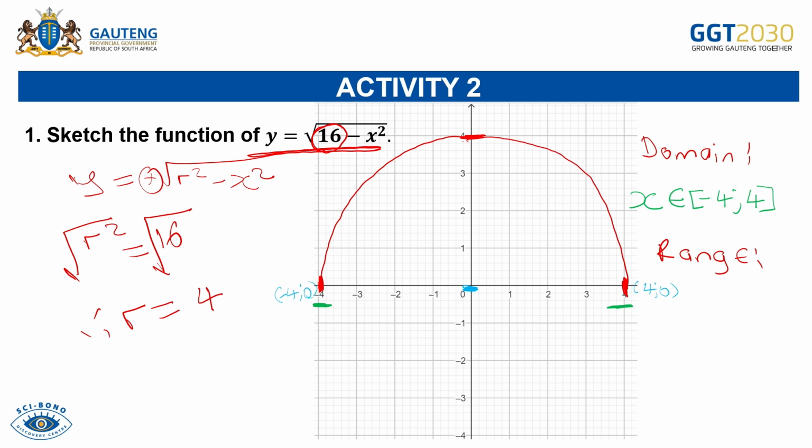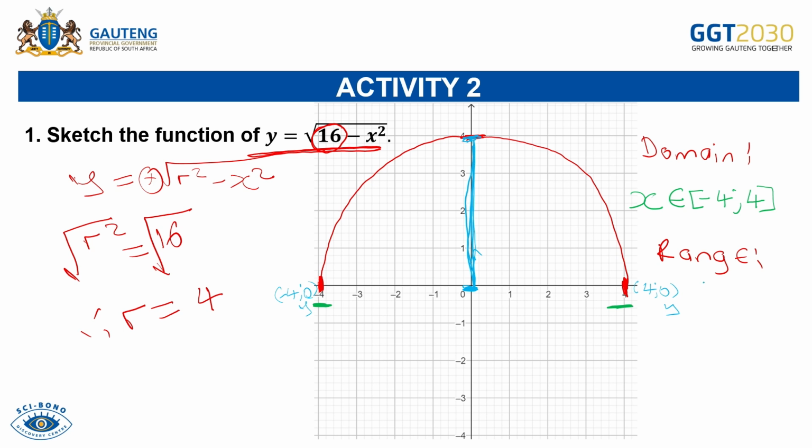Then the y values, they start from where? 0. Going up. But where do they end? They end at 4. So the graph is defined from 0 to 4.